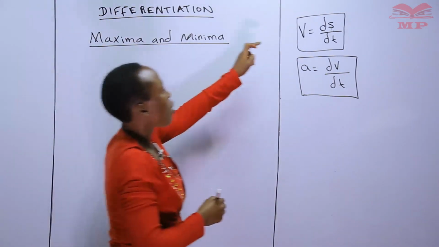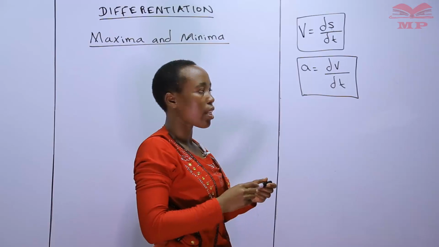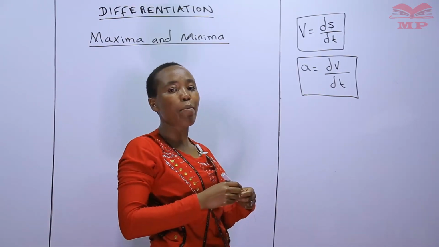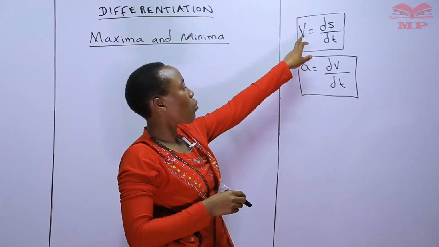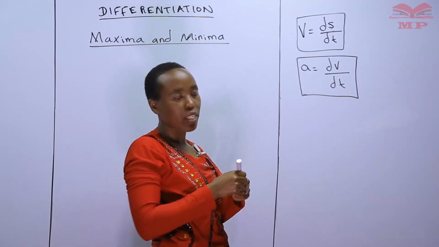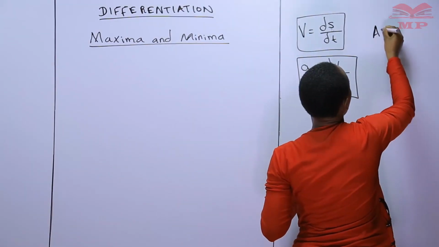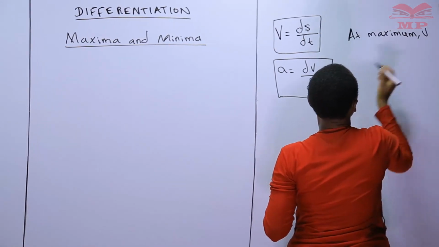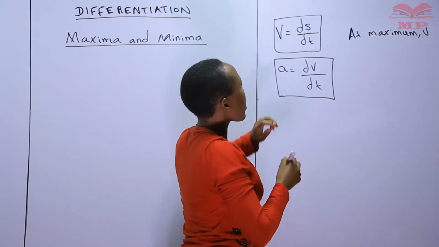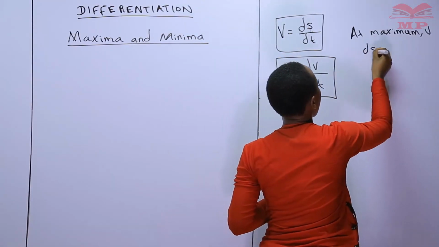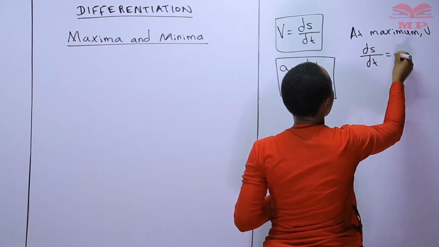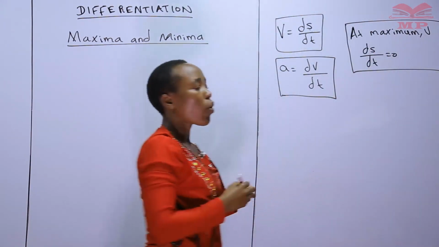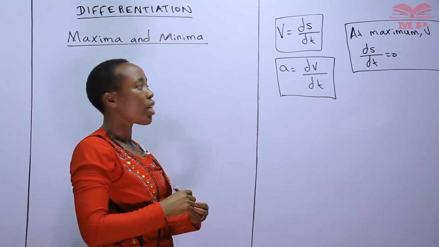And I remember when we were looking at velocity and acceleration, there's something that we said that we are going to apply in maxima and minima. We said when we want to calculate the maximum velocity, ds all over dt is equal to 0, meaning that the gradient is 0.